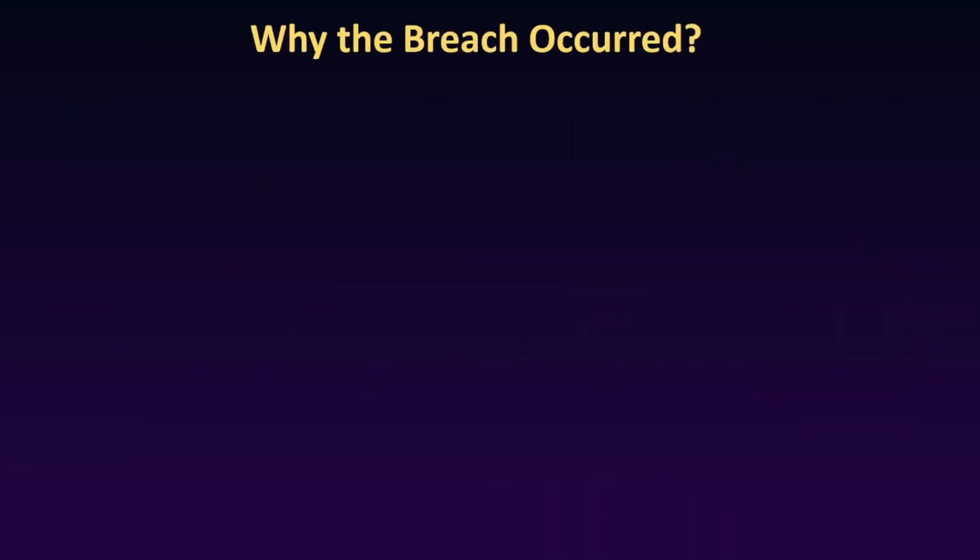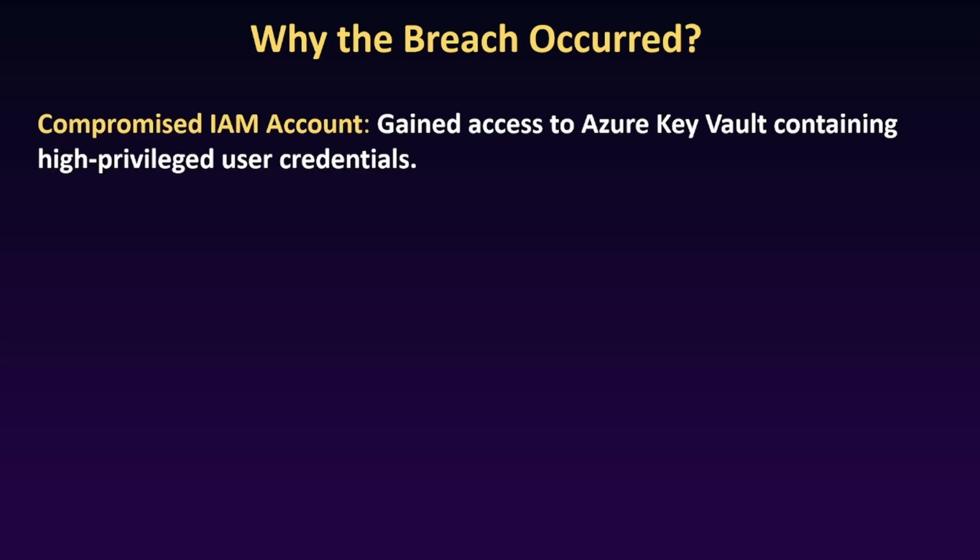Now let's see why this breach occurred. The breach began with the compromised IAM account that had access to an Azure Key Vault, and this vault contained credentials for several high-privileged user accounts, one of which matched an existing IAM user. We have already seen that in Entra ID, the Josh account was present.